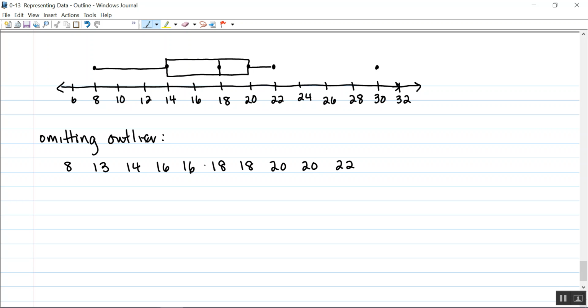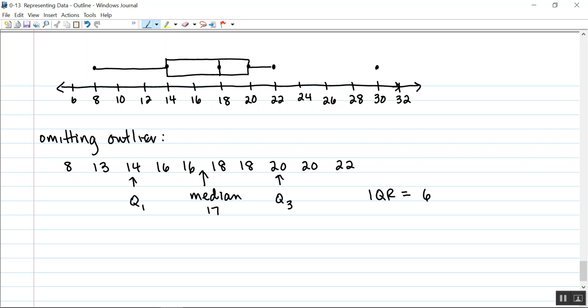Now my median is going to be right in between here, so my median is now 17. My Q1 is 14, which it was before, and my Q3 is 20, which it was before. Now my min is 8 and my max is 22. My IQR is still 6, as it was before.